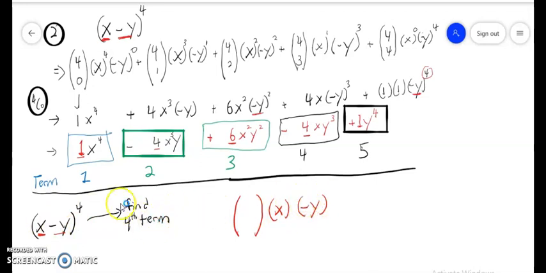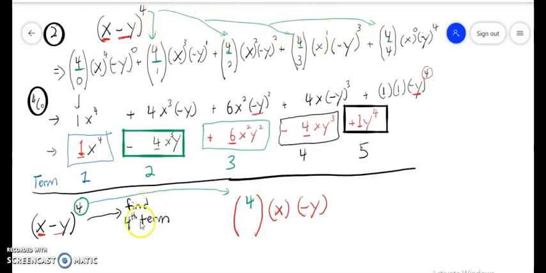Okay, next the maximum power, you just have to write it as, if you look at here, here's 4, here's 4, here's 4, here's 4, here's 4. So they will be following the highest number. Got it? Now, if they want to find the fourth term, the number you have to put over here, you always have to minus 1. 4 minus 1, you get 3.